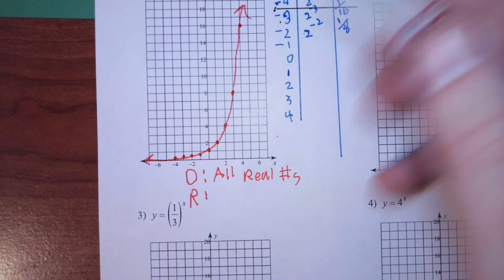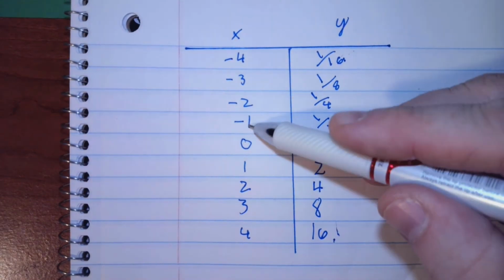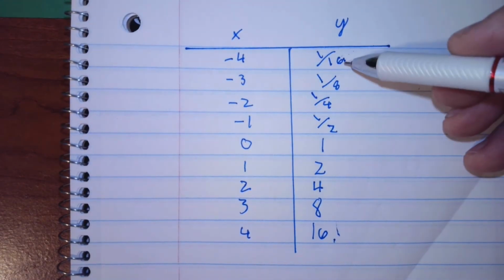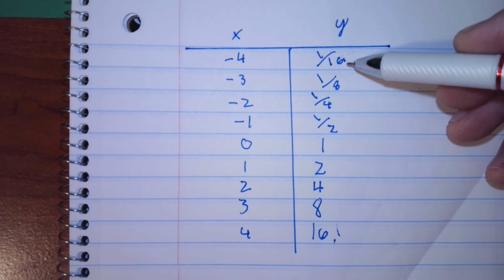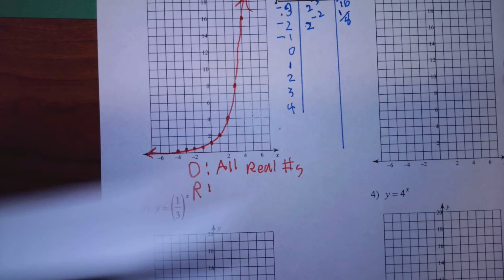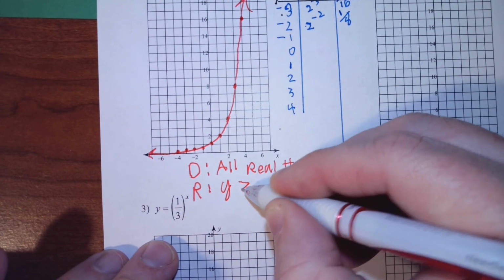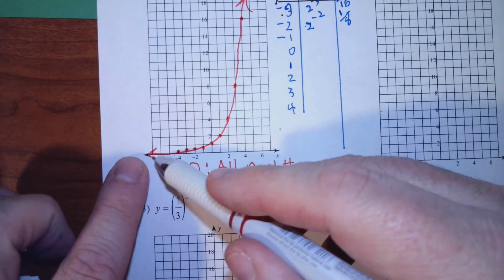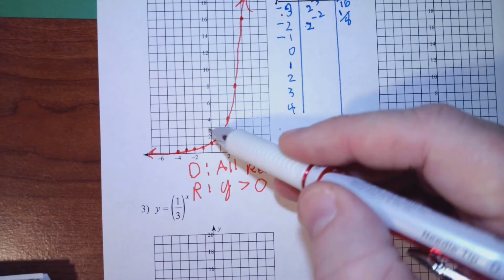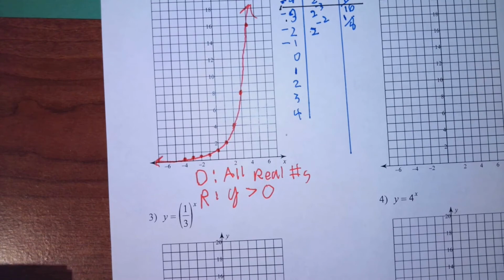As we look at this pattern, as we get into the negatives, we get smaller and smaller fractions, but we're not ever going to get to 0. And so the range would be y is greater than 0. We can kind of see that on the graph where it's getting closer, but it's always going to be right above.